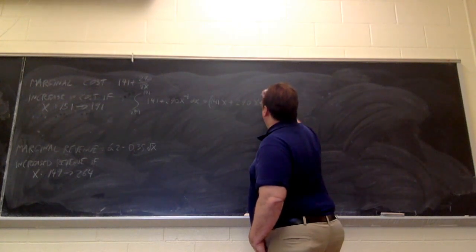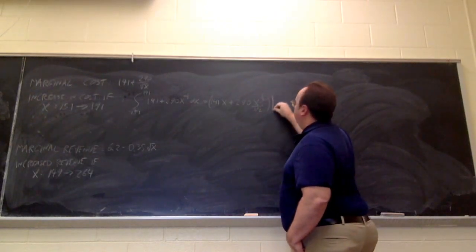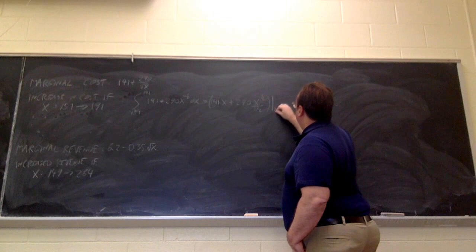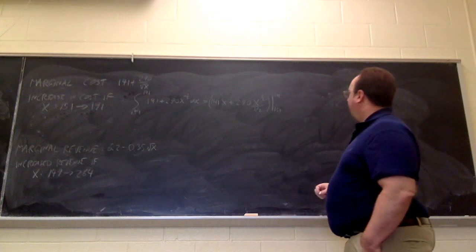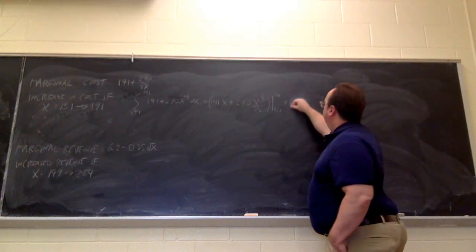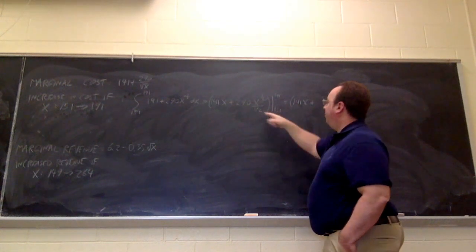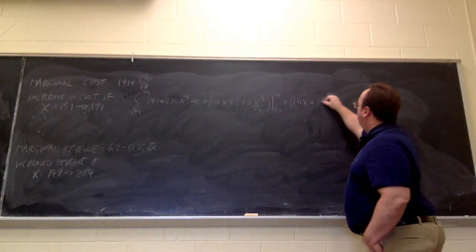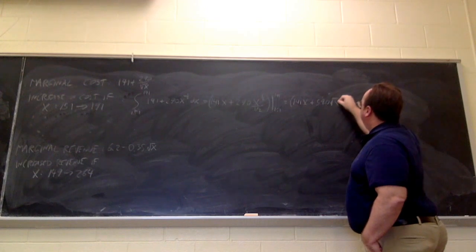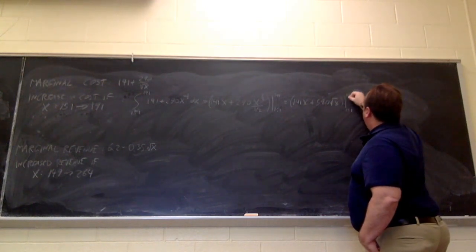So we get x to the plus 1/2 over 1/2 with limits 151 and 191. Now I'm going to clean it up a little bit. So this is 141x plus, dividing by 1/2 is the same as multiplying by 2, so this is the same as 580 square root of x with limits 151 and 191.